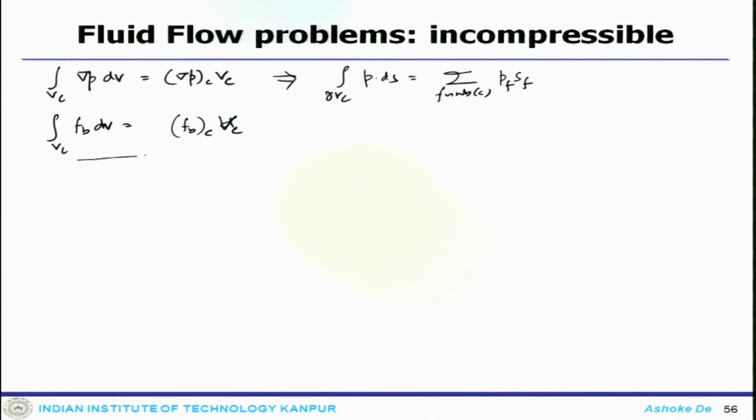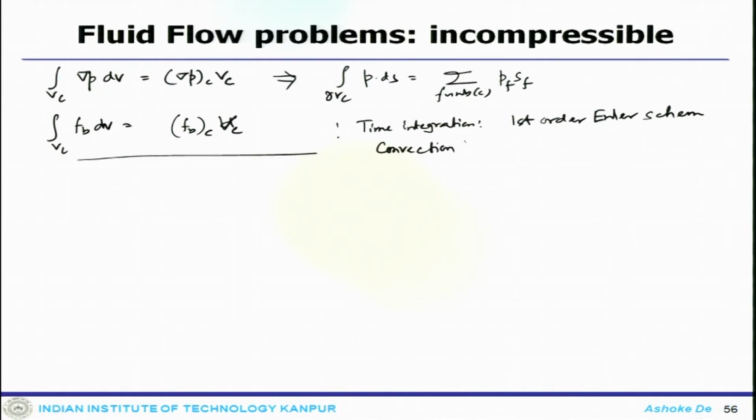Now, for the time integration, if we use the first order Euler scheme to discretize the unsteady term, and for the convection term we use the HR scheme, which is a higher order scheme, implemented with deferred correction, and we decompose the diffusion flux into an implicit part aligned with the grid and an explicit cross diffusion part.